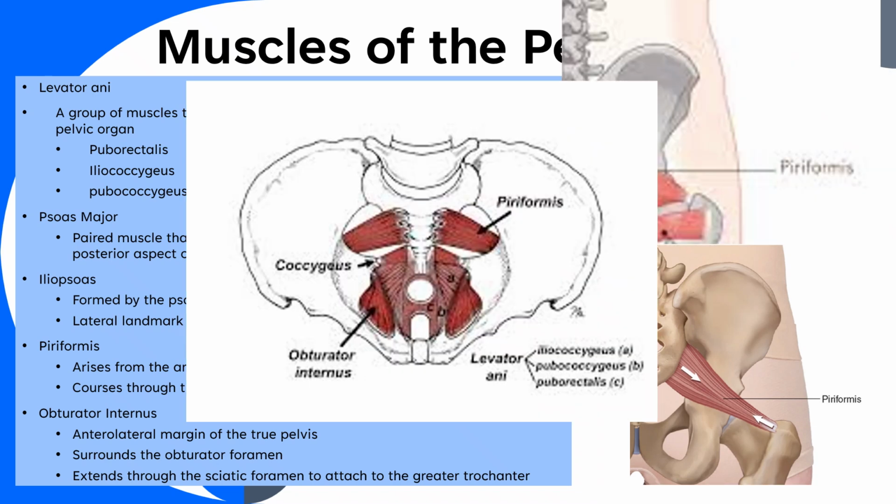Starting with the piriformis muscle: it starts in the posterior aspect of the true pelvis, coming off of the sacrum, and is a part of that pelvic floor that we talked about.